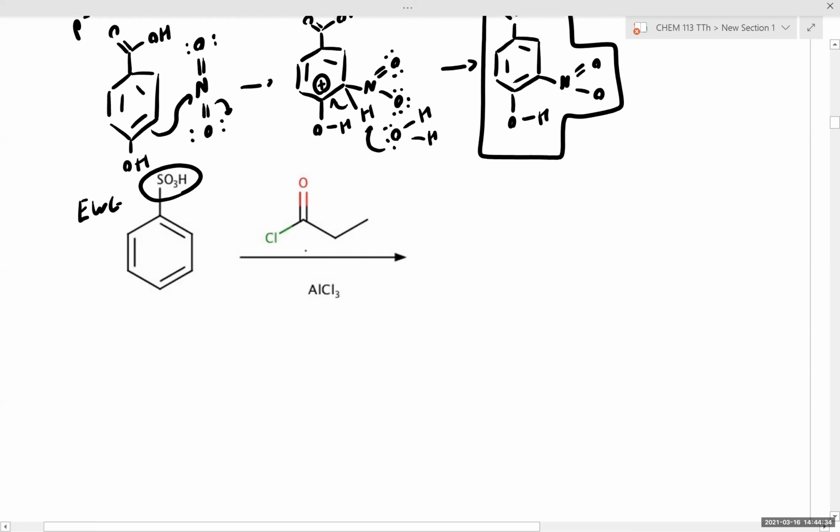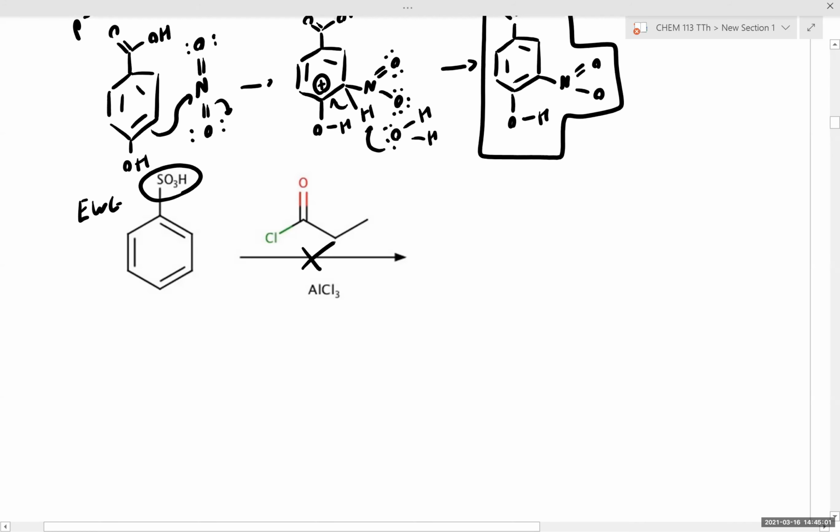Remember, the Friedel-Crafts reaction does not occur when you have a deactivated aromatic ring. So you essentially see no reaction take place. Remember, Friedel-Crafts alkylation and acylation does not occur when you have a deactivated aromatic ring.